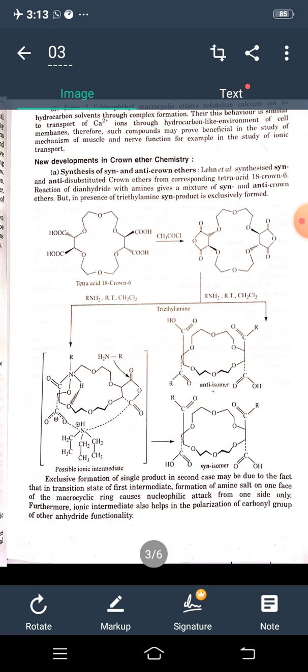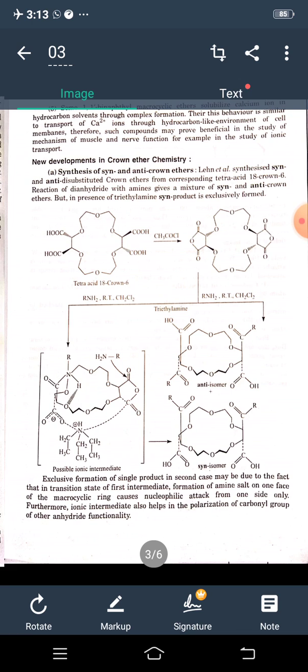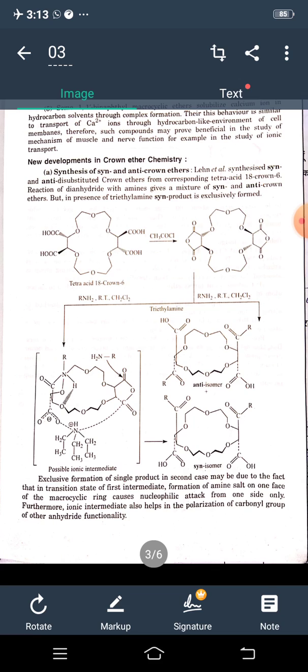Reaction of dianhydride with amine gives a mixture of syn and anti crown ethers, but in the presence of triethylamine, the syn product is exclusively formed.